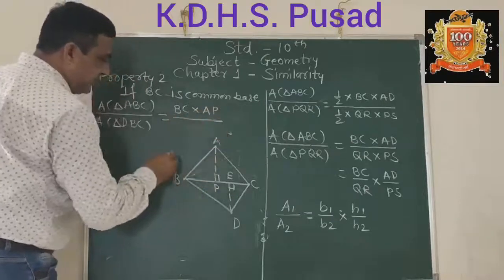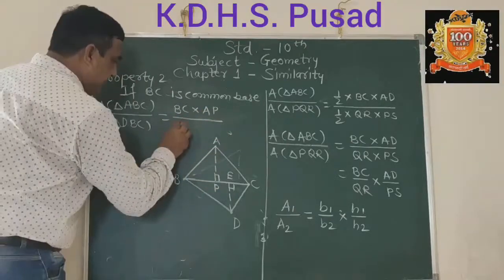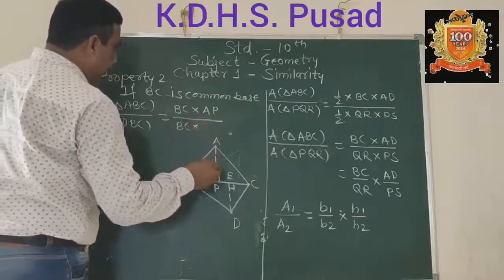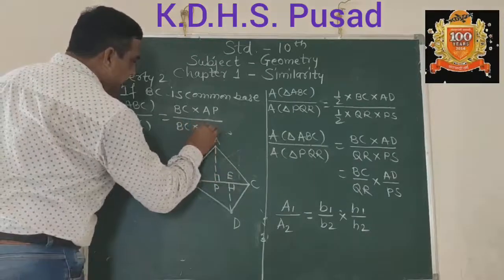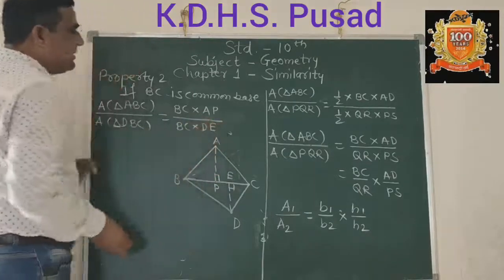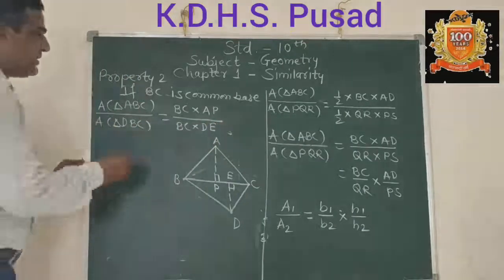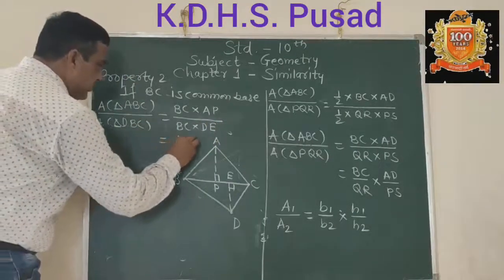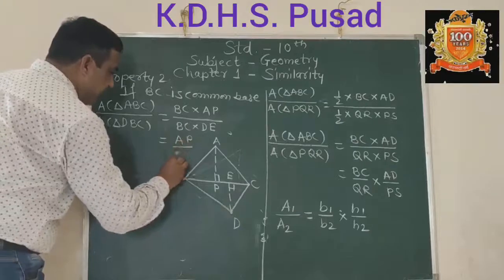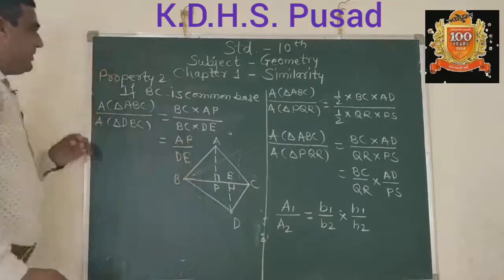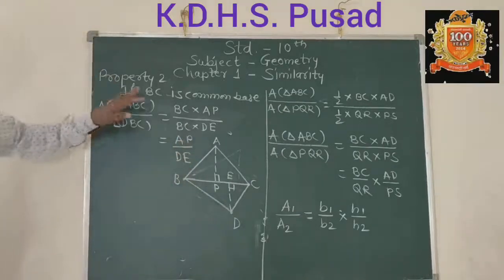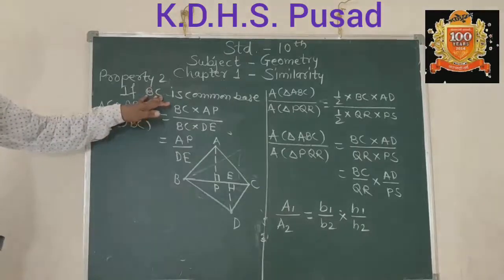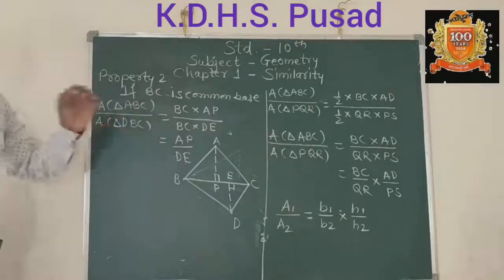And for the second triangle, base again BC and height is DE. Height is DE. So this BC gets cancelled. So there remains only AB by DE. Ratio of the areas of two triangles having common or equal base is equal to the ratio of their corresponding heights.